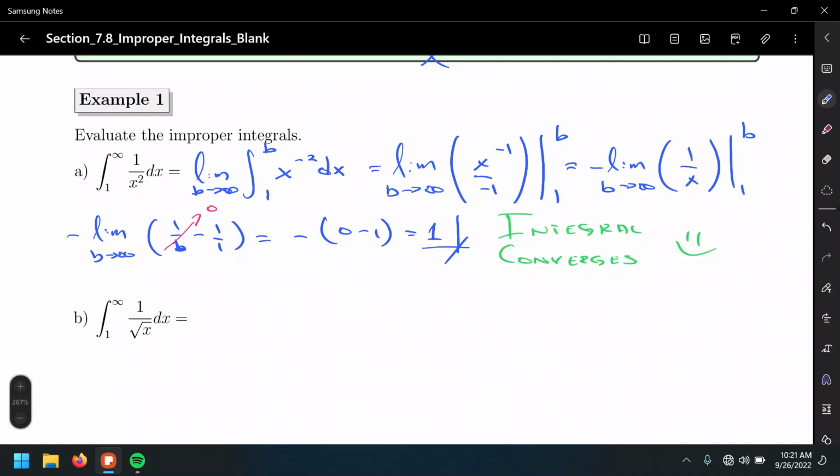So again, we have the integral between 1 and infinity of 1 over the square root of x. The number one thing we want to do is write this as a limit problem. So that's the limit as b approaches infinity, and replace the upper limit with b.